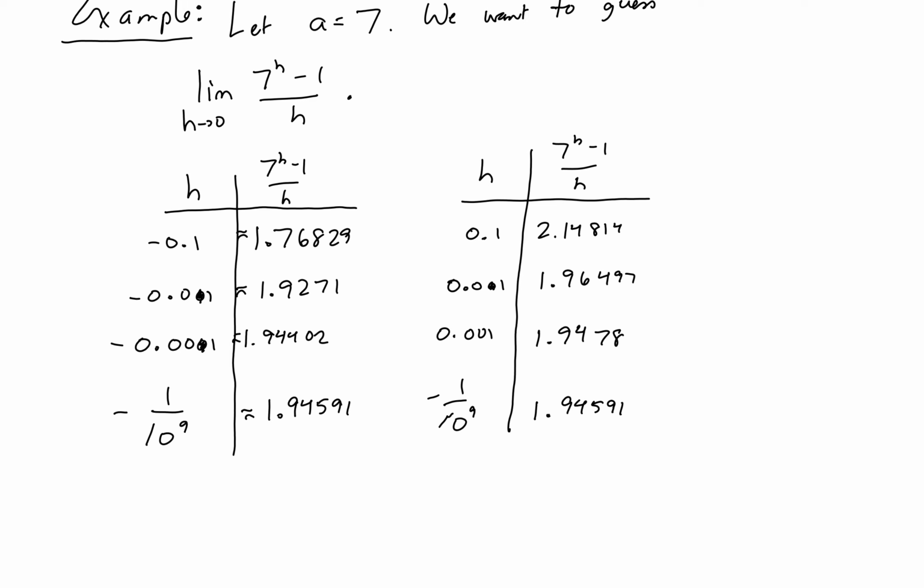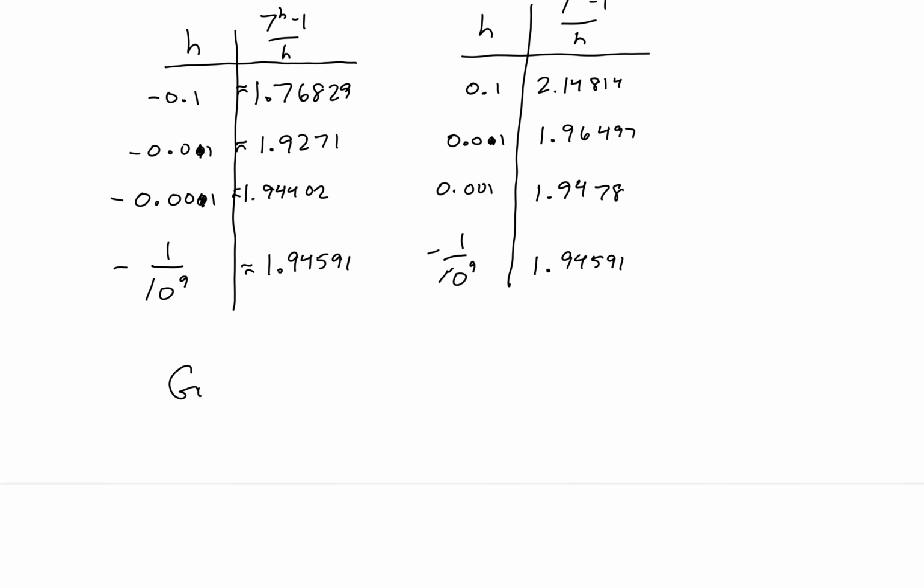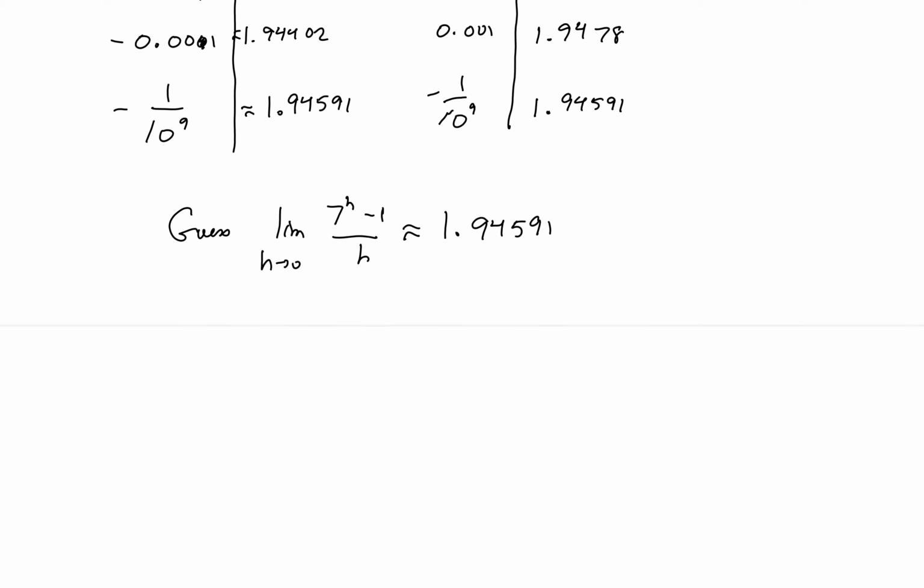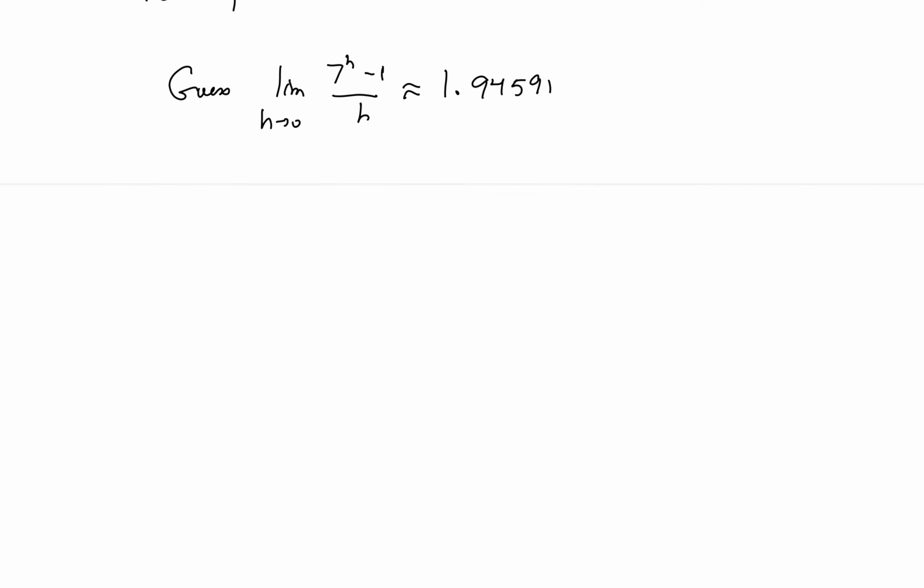Okay, so from this we can see we probably want to guess here that the limit as h goes to 0 of 7 to the h minus 1 over h is approximately 1.94591. And we can also graph this to see what this function's looking like.